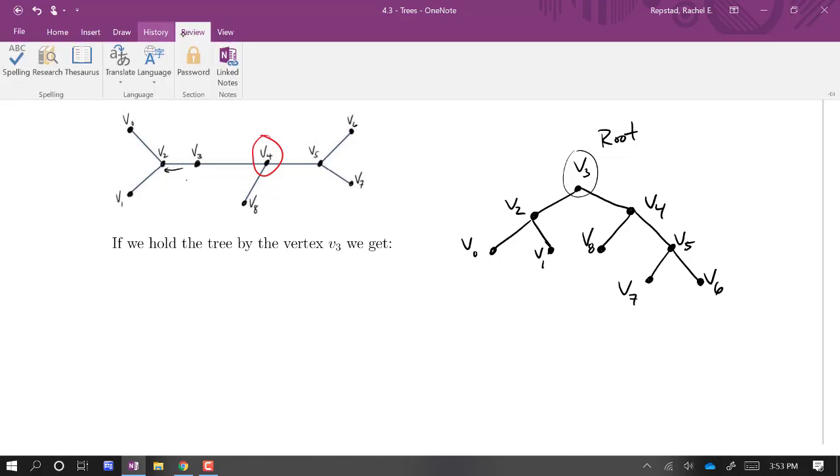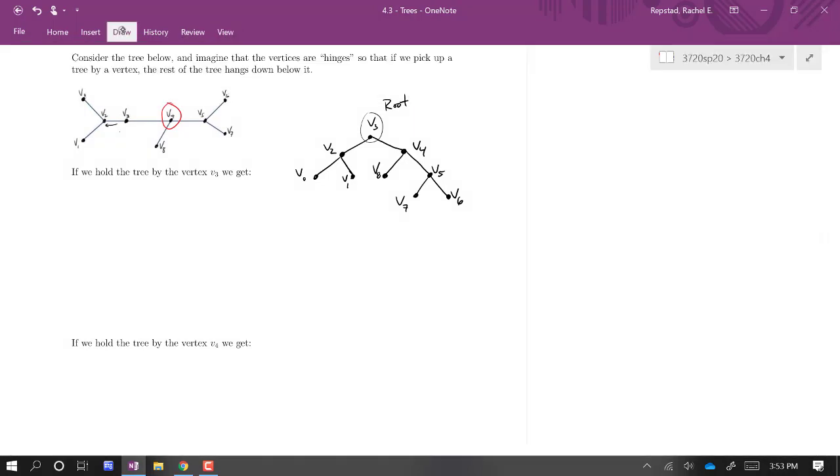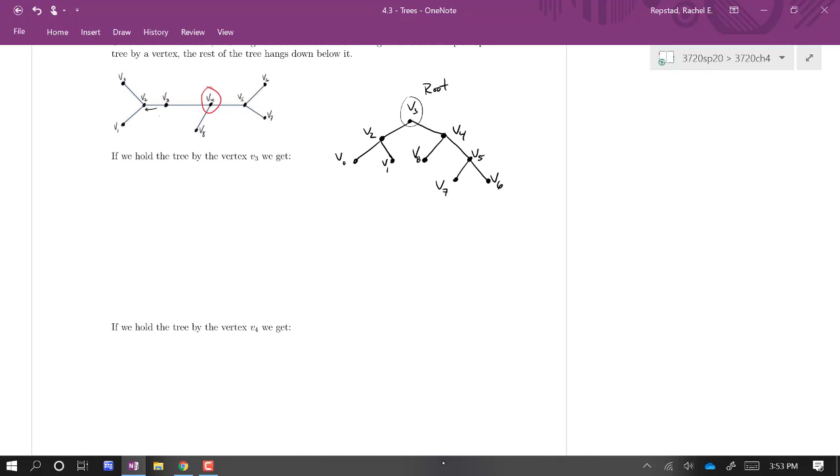I'm going to zoom out so that we can hopefully see this as we draw it. So we're starting, V4 is at the top, and then hanging down from V4 I've got three vertices. I've got V3, I've got V8, and I've got V5.